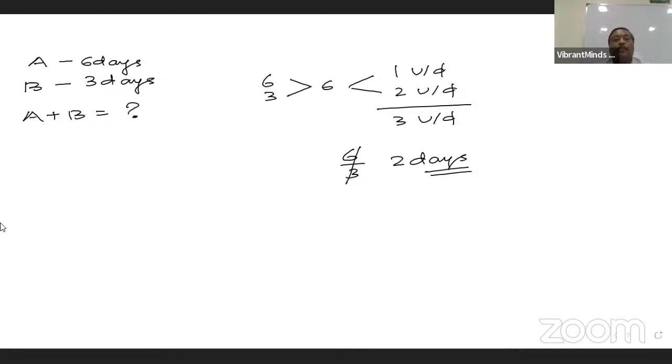Now, let's say another example. C takes 6 days to complete half work. D takes 5 days to complete 1/3 of the work.